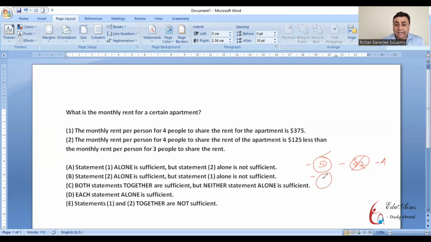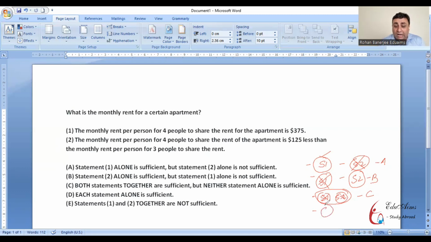For B, statement 2 alone is sufficient, but statement 1 alone is not sufficient. S1 cannot take you to the single definitive answer, but S2 alone will be able to do that. What is C? Both statements together are sufficient, but neither statement alone is sufficient. So together S1 and S2 will take you to the answer, but alone, S1 and S2 cannot take you to the answer. So this is option C. In D, they say each statement alone is sufficient.